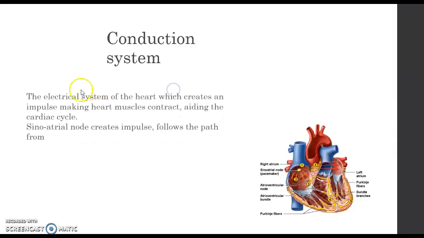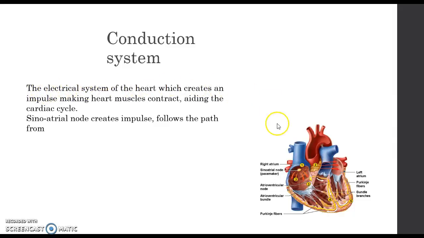The conduction system. The electrical system of the heart creates an impulse from the SA node, which is then passed along through the atrium, which helps it to contract, and with that the blood goes through the valve that we spoke about, which then allows the blood to flow through.